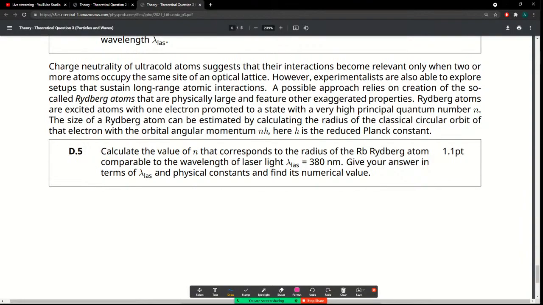For this question, do we have to calculate the Bohr radius? As they have said, classical circular orbit of electron and angular momentum also given. So I think nħ is 2 pi r. So equate angular momentum to nħ.